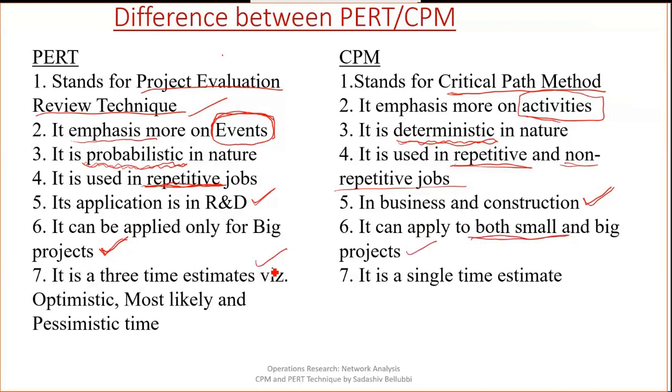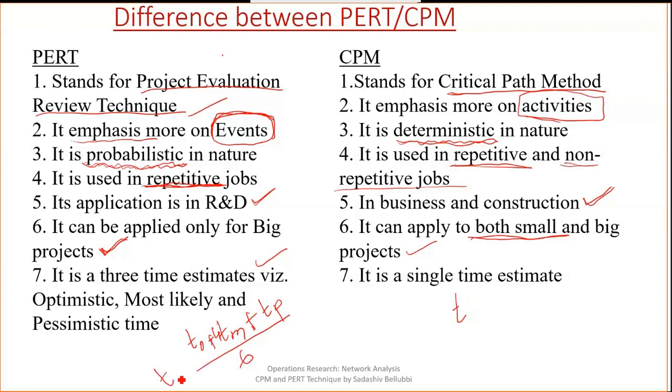Next, the time estimate, which is the most important. PERT has three time estimates: the optimistic time, the most likely time, and the pessimistic time. But CPM has only a single time. In PERT, when the three times are given, there is a formula: (TO + 4TM + TP) divided by 6.